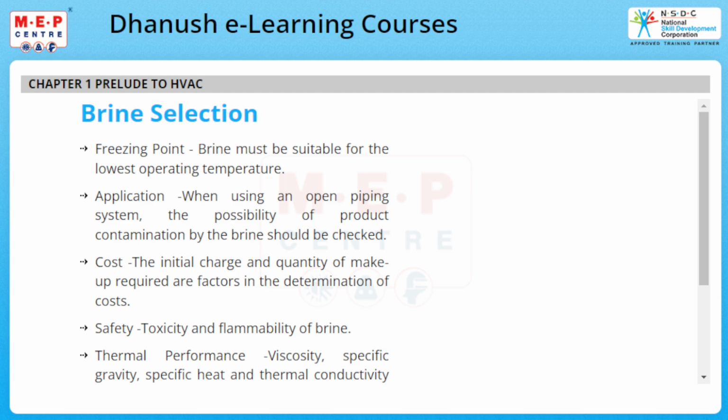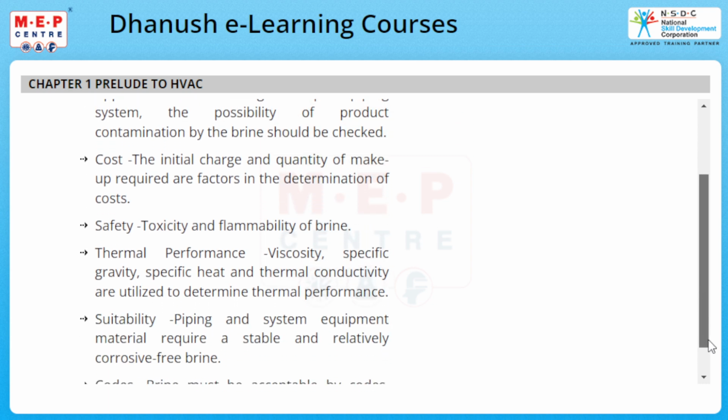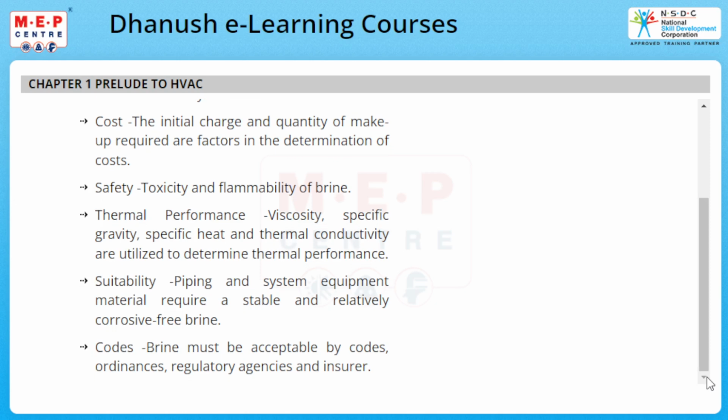When selecting a brine, the following factors need to be considered. Freezing point: brine must be suitable for the lowest operating temperature. Application: when using an open piping system, the possibility of product contamination by the brine should be checked. Cost: the initial charge and quantity of makeup required are factors in the determination of cost. Safety: toxicity and flammability of brine.